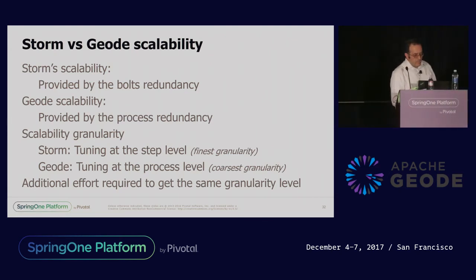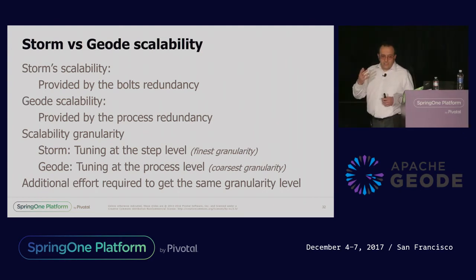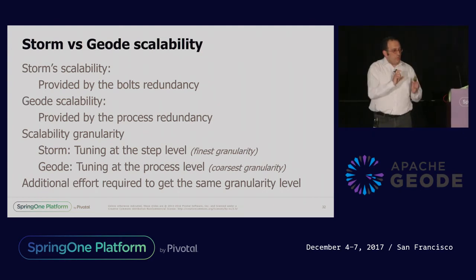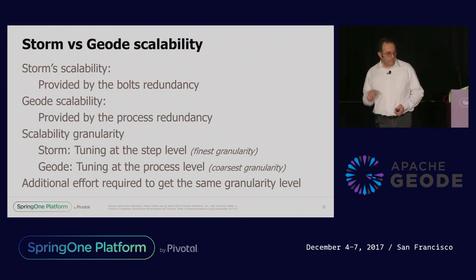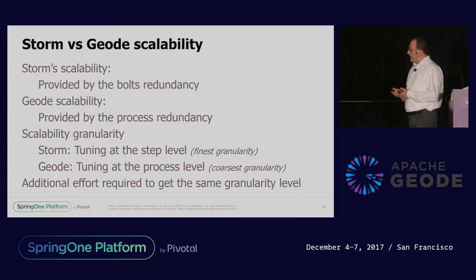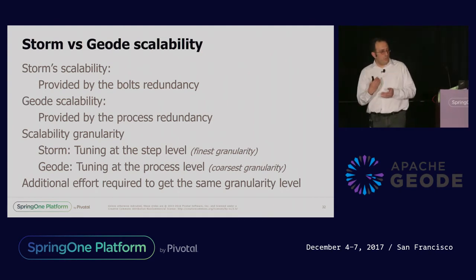This means that, I don't know if we say that in English, the scalability granularity is finer for Storm than for Geode in my case. And if we want to get the same level of granularity, we have to make an additional effort in the design.